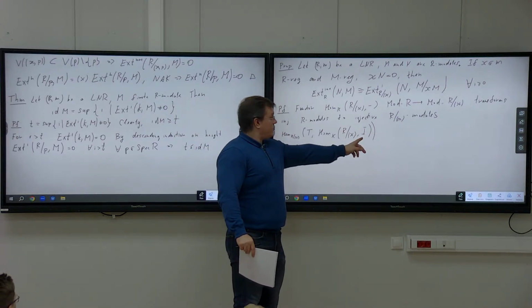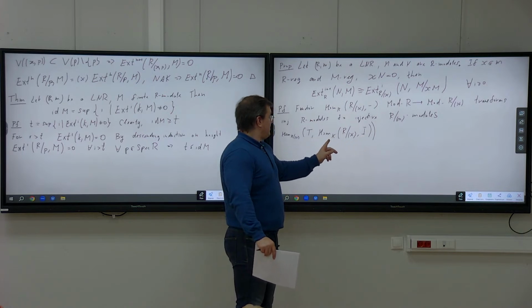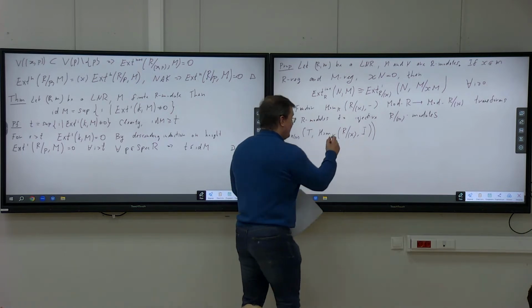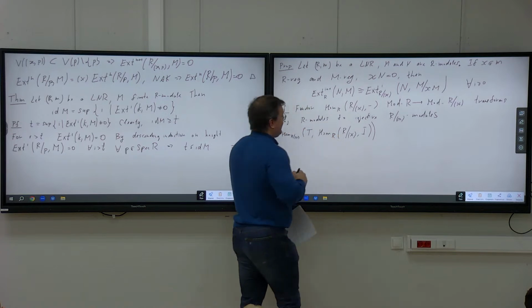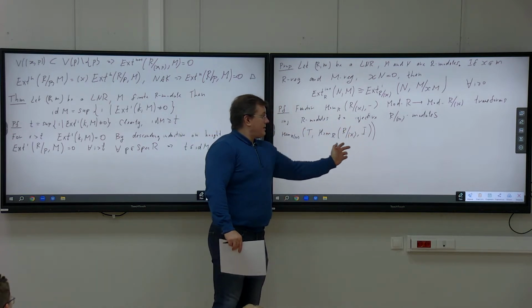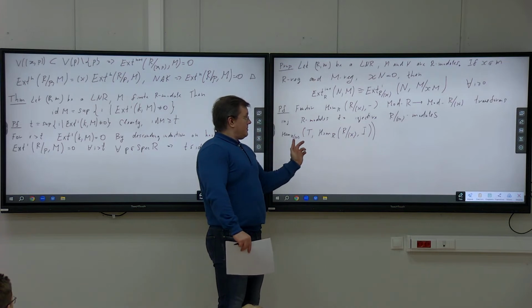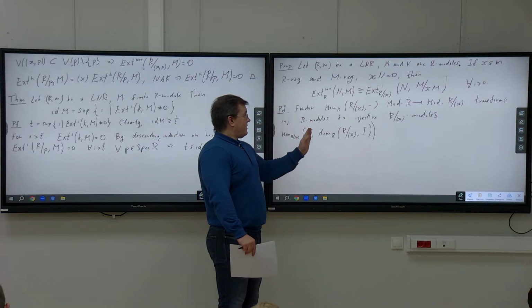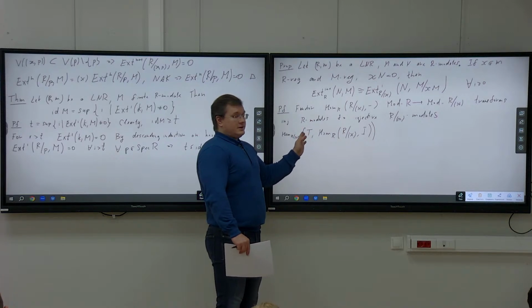I is an injective module over R. It's supposed to be R, not k. Right? So I want to show that this thing is injective over this ring. In other words, I want to show this functor, a kind of functor with a blank argument, is an exact functor, right?